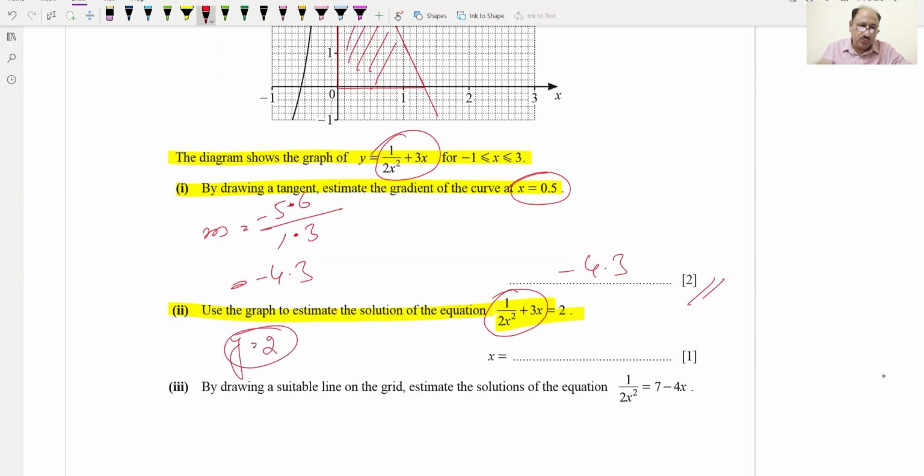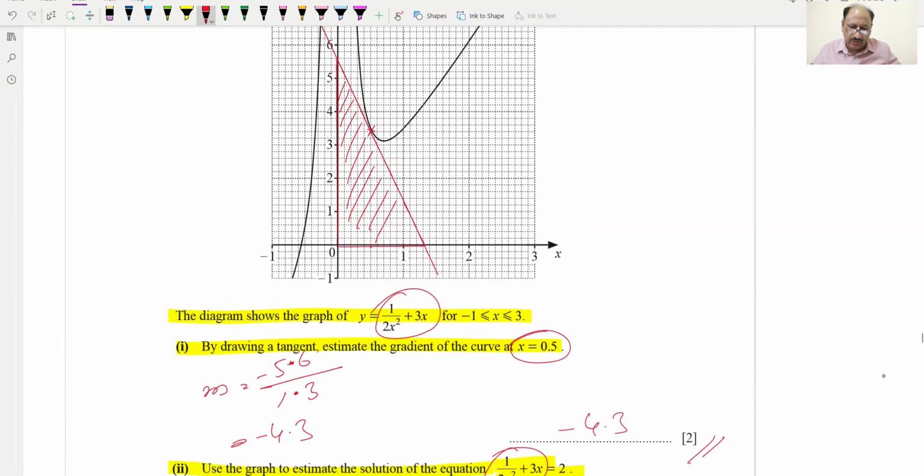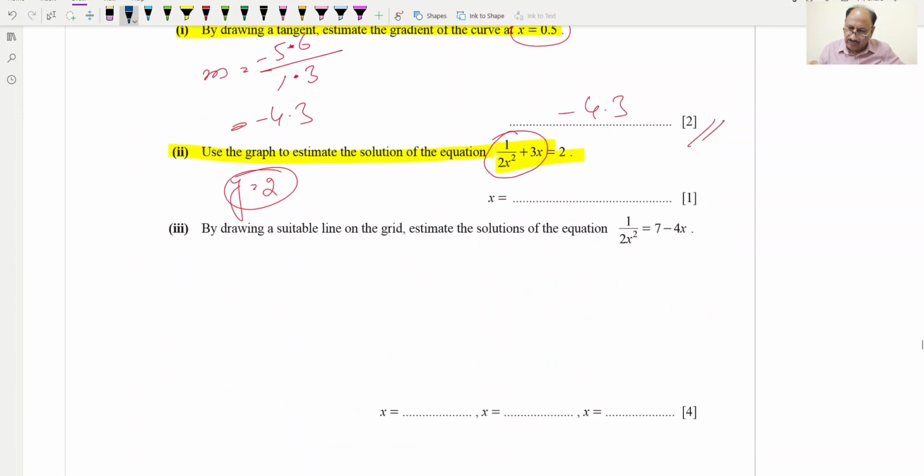Y is equal to 2 line we need to draw, and y is equal to 2 line is this one, and this is intersecting at minus 0.4. You can check from here, and we can write answer as minus 0.4. This is 1 mark part.